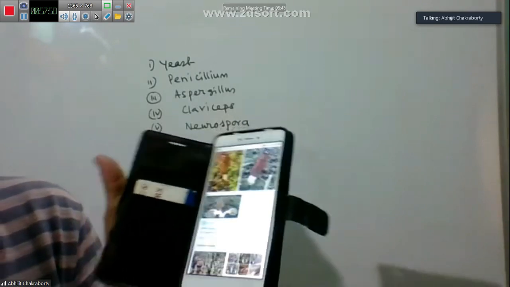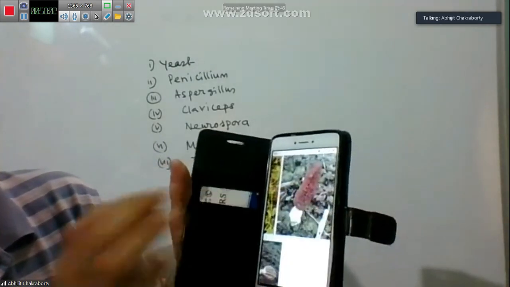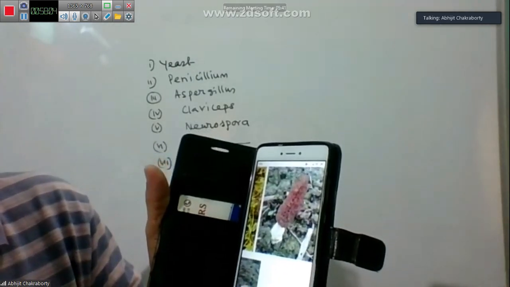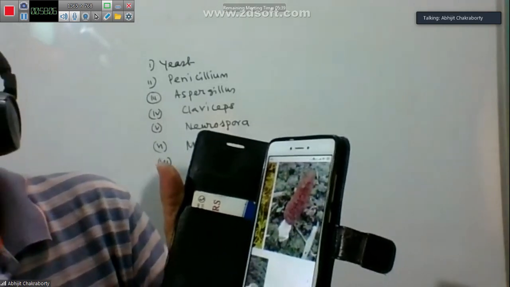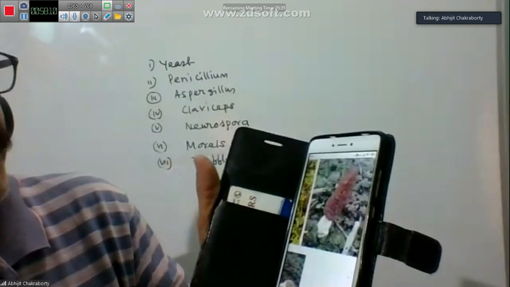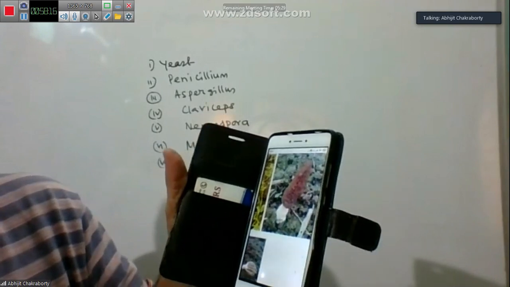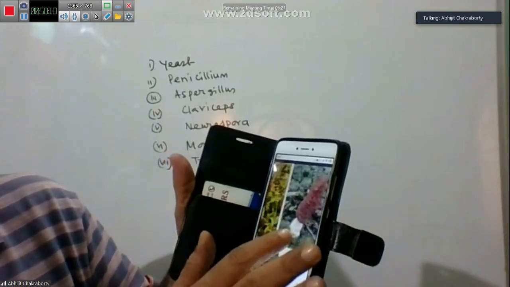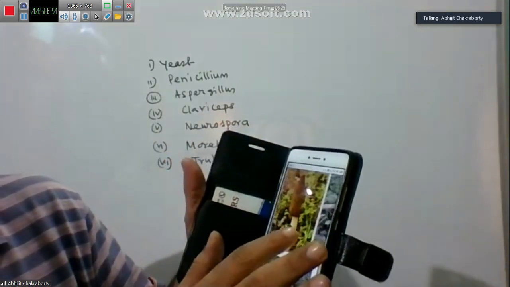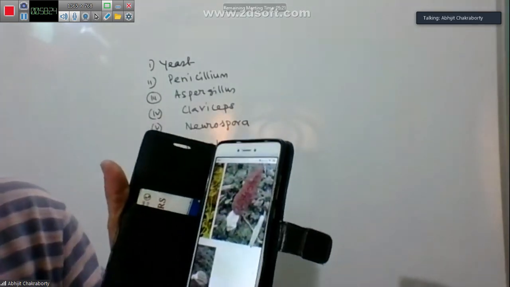This structure shown here is nothing but the ascocarp, where a number of asci aggregate to form this. So in morels you can write the ascocarp is edible. This is one morel, this is the other morel. Is it visible to everybody?